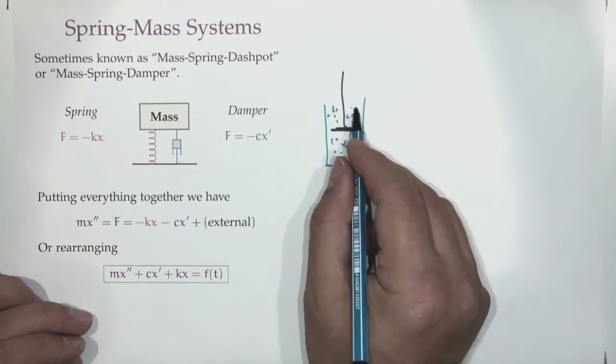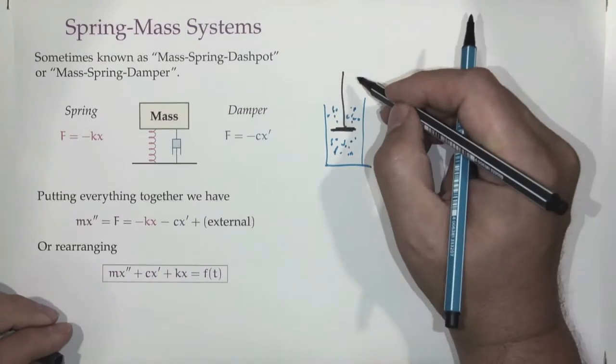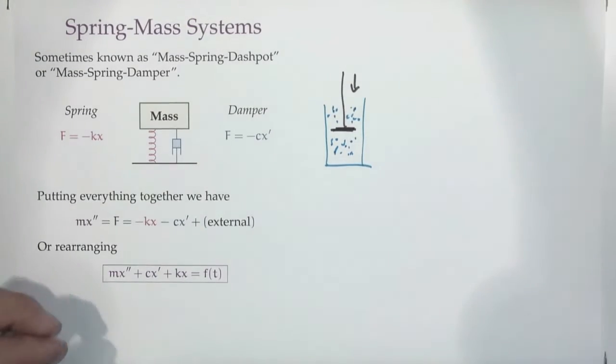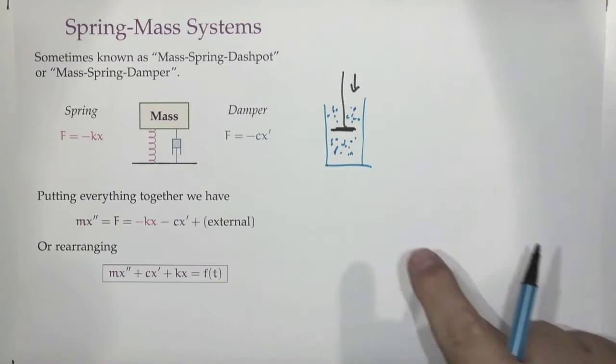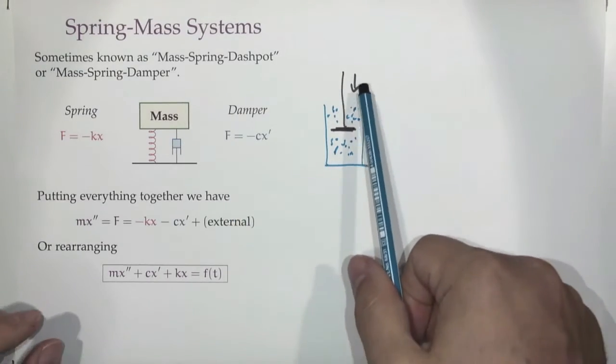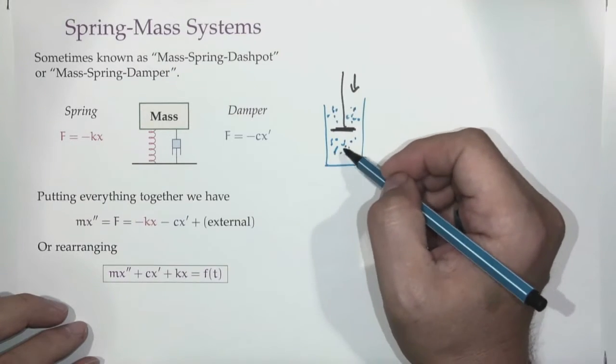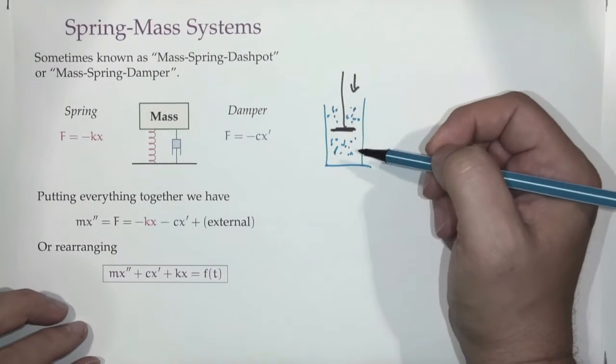And now it doesn't matter where you're at. The question is, how fast are you trying to push it down? The faster you try to push it down, the harder it is, because somehow there's a little bit of give. And so the force is not going to depend on whether you're pushing near the top or near the bottom, but rather how fast you're pushing.